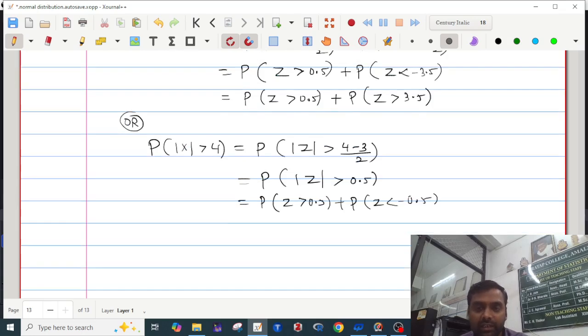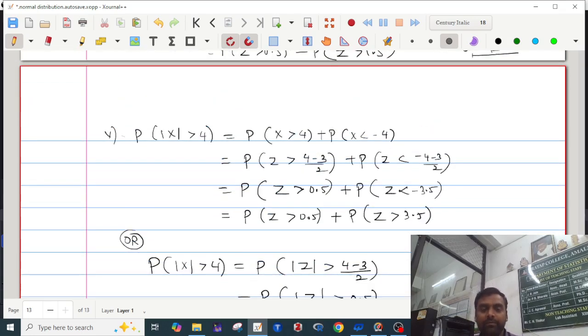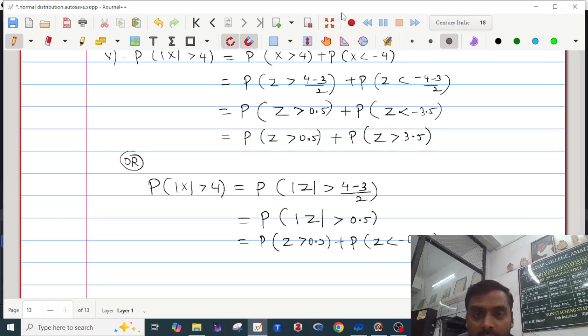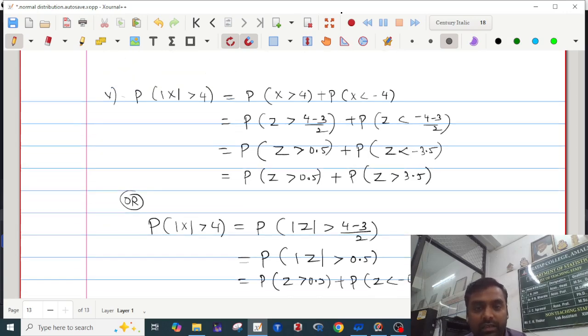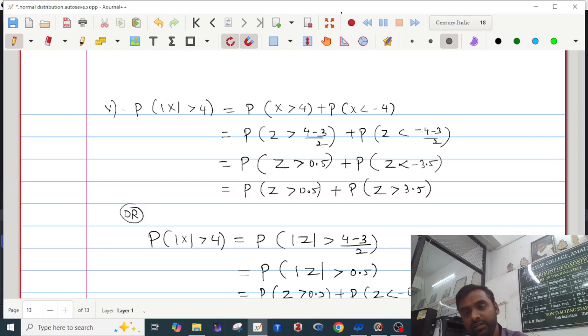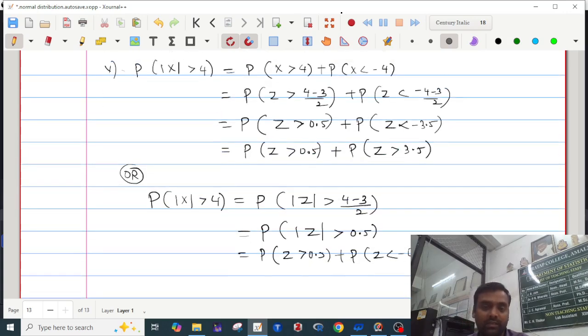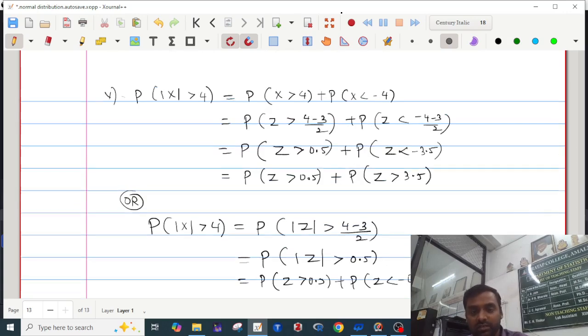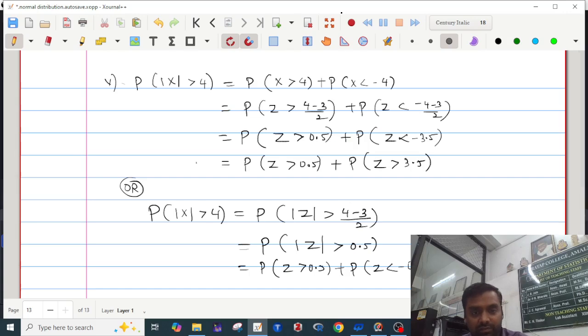Both things change in that place. x greater than 4 plus x less than minus 4. This is (4 minus 3) upon 2, 0.5. If I solve this, x greater than 4 and x less than minus 4, the mean is minus 3. These things change. So solve this just this way only.